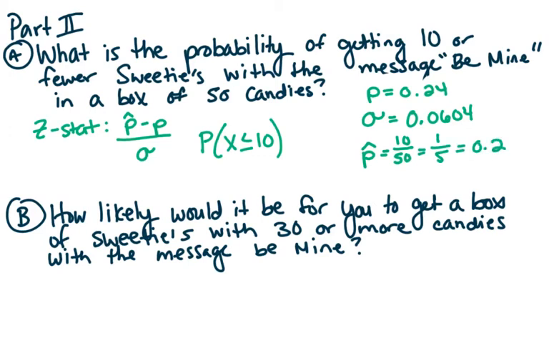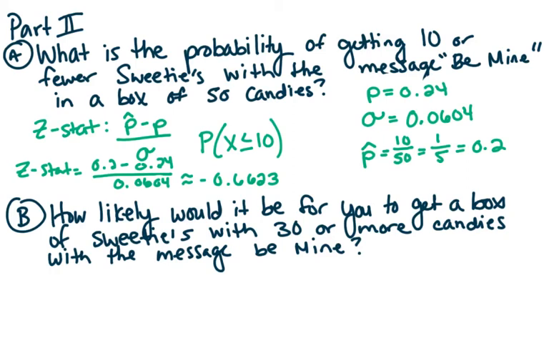And so my z-stat is going to equal 0.2 minus 0.24 over 0.0604. I'm going to plug that into my calculator. All right, and so I get my z-stat is approximately negative 0.6623.